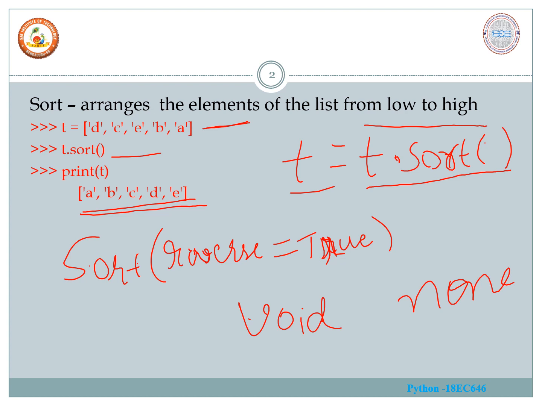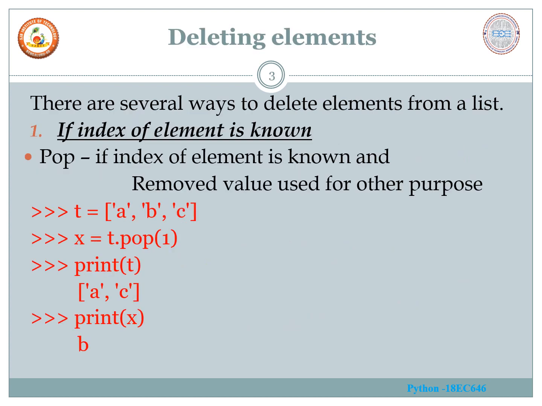We have one more operation that we perform on the list, that is deleting the elements. Here there are many ways to delete elements from a list. A few are listed here. If we know the index of the element we want to delete, then we can use a method called pop.